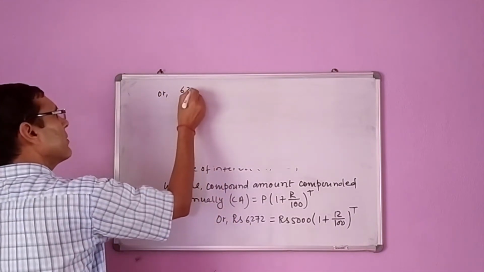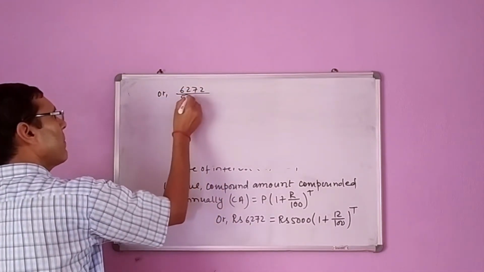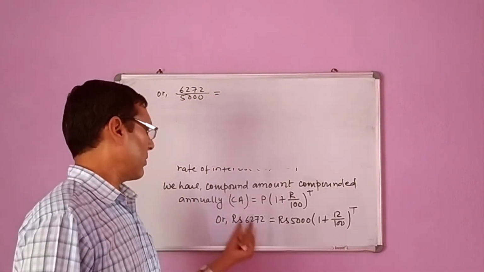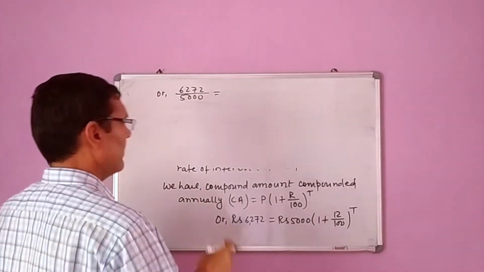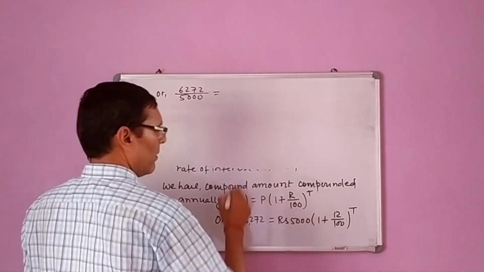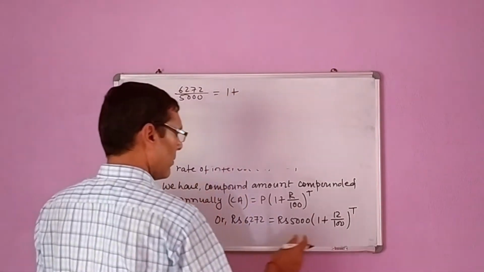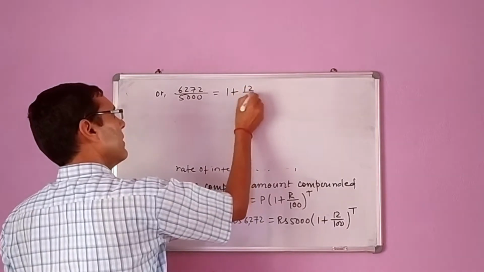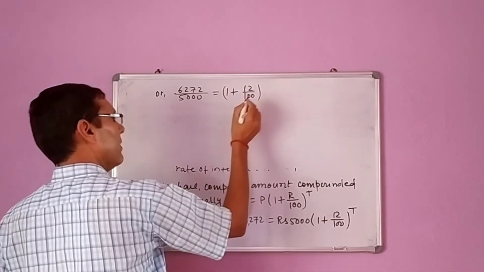So 6,272 divided by 5,000. 5,000 is brought to divide the left hand side by the rule of cross multiplication, and 1 plus 12 upon 100, 1 is as it is.